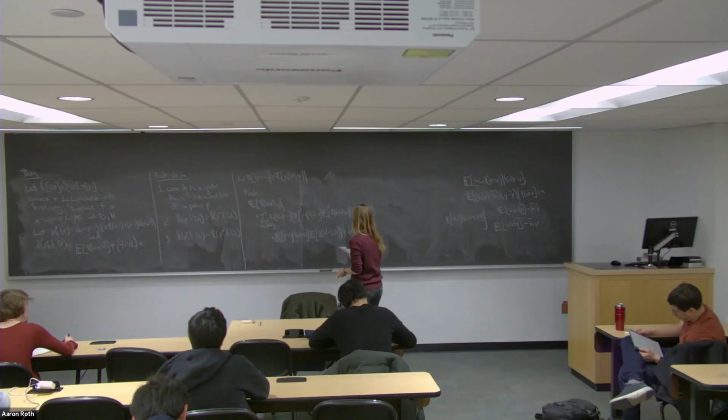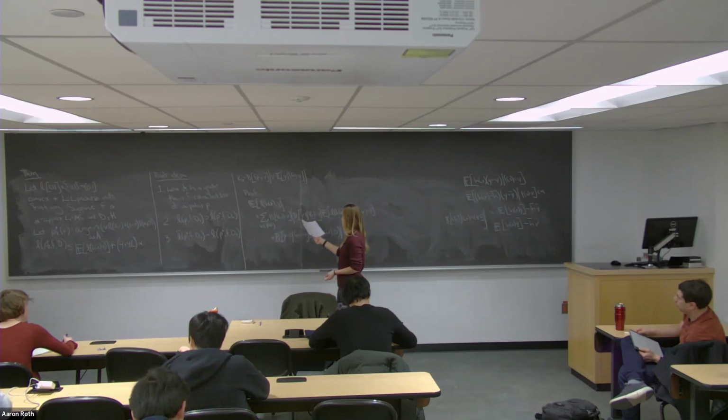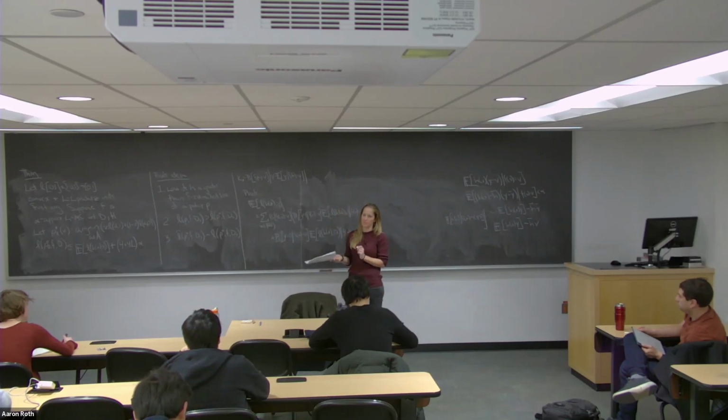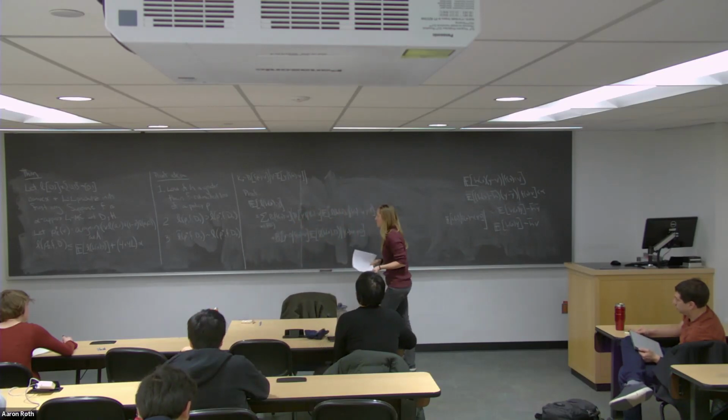Do people buy that this is a way we can express our loss? We're just looking at all of the level sets of our predictor and then looking individually at the case when we saw label 1 and the case where we saw label 0.